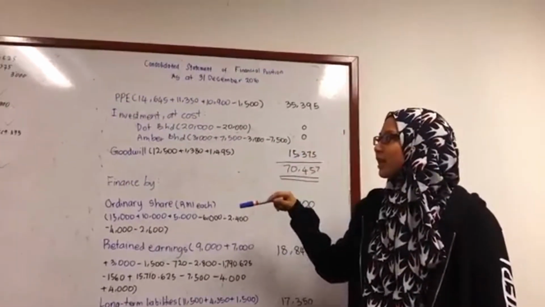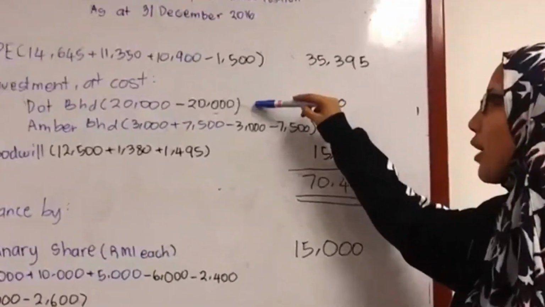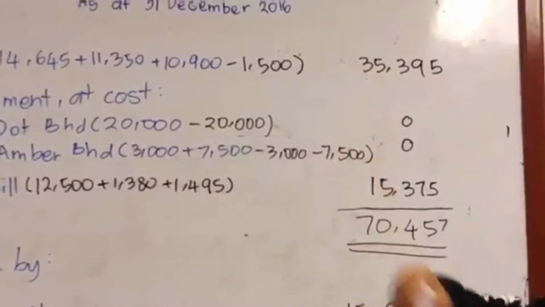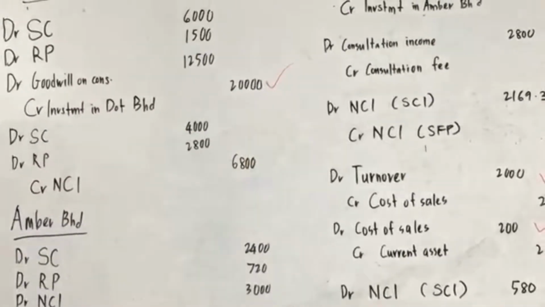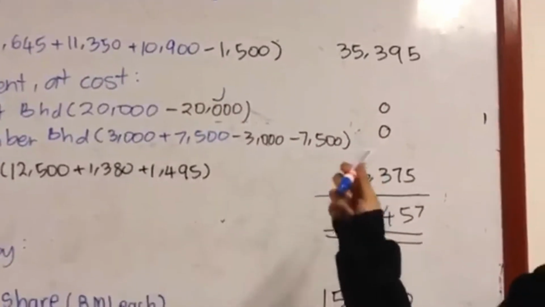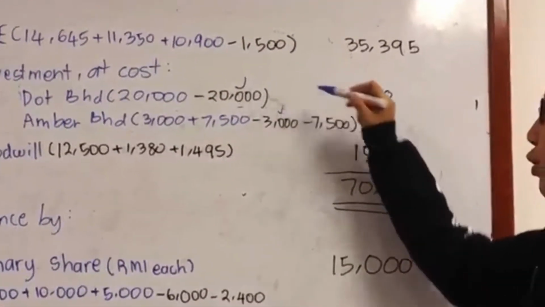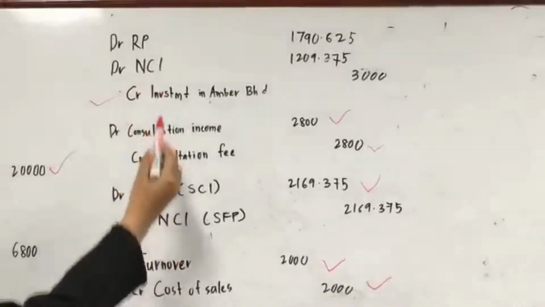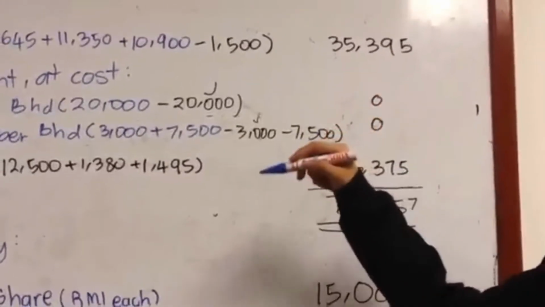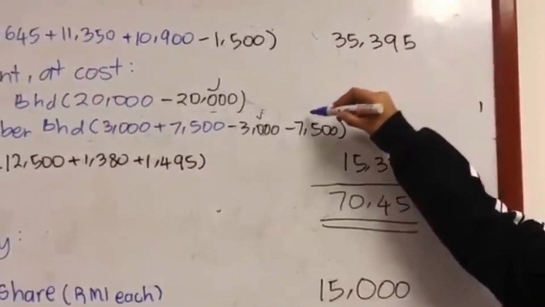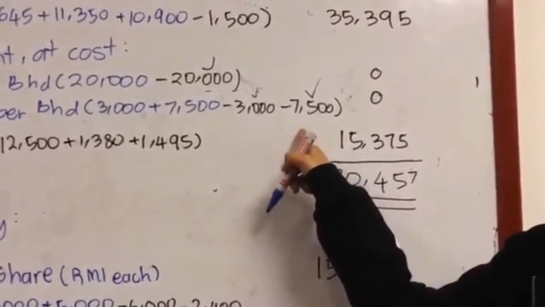So in the journal entry, we already credit investment in Berhad for 20,000. So we need to minus 20,000 here. And then for Amber, we credit the investment in Amber Bhd for 3,000. So we also need to minus here 3,000, and we credit also investment in Amber Bhd for 7,500. So we also need to minus 7,500 here.